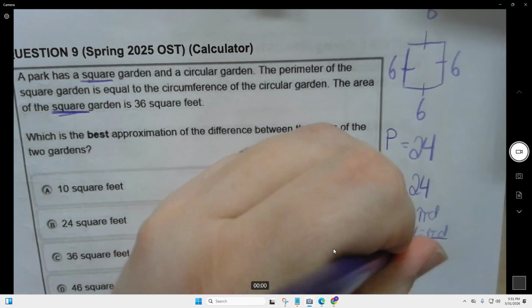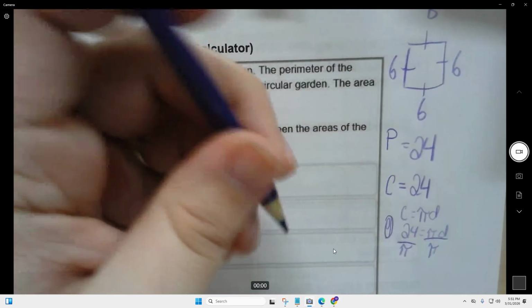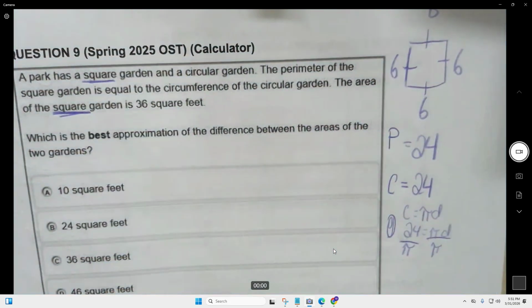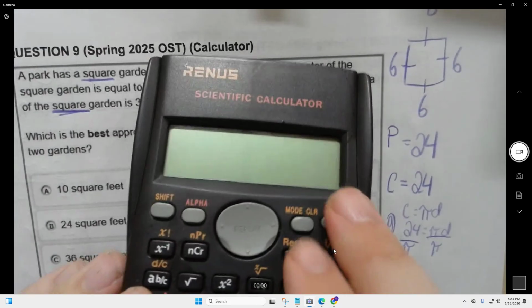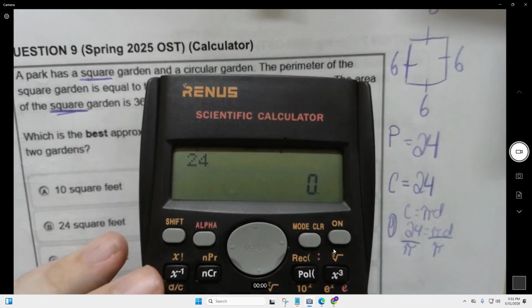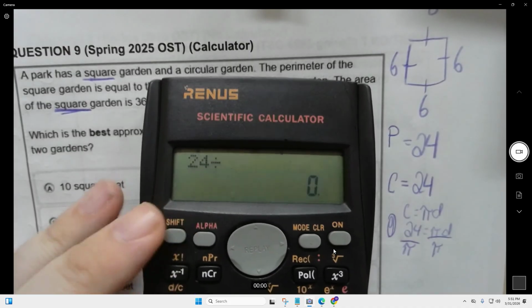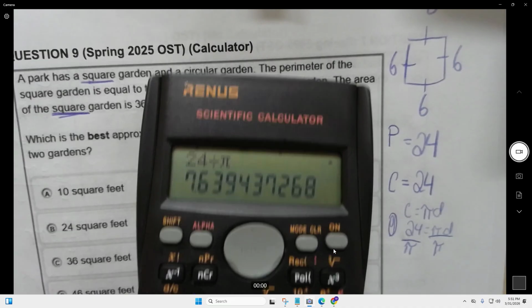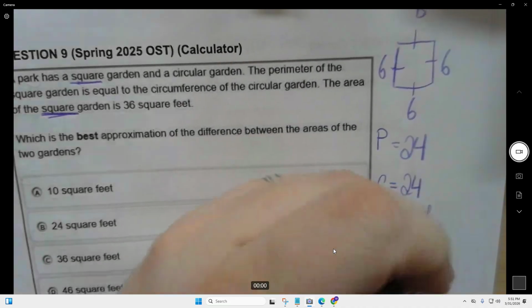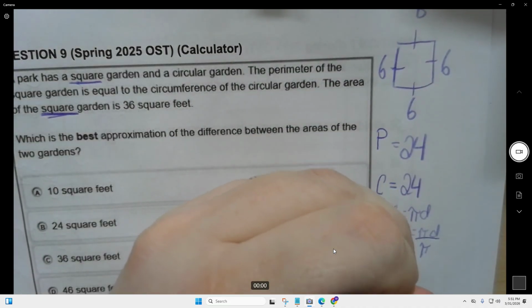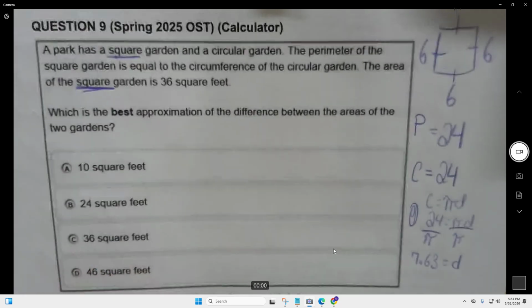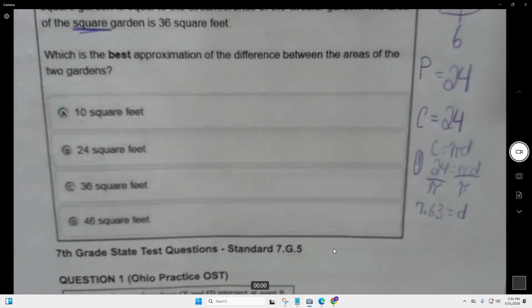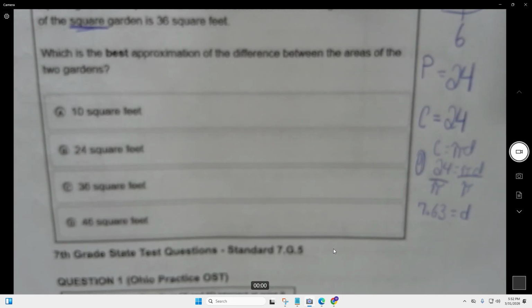Divide both sides by pi, as we've done in previous problems. 24 divided by pi is 7.63. So let's just say 7.63 equals the diameter. We now need to use that to find the area. So now we have to have that 7.63 divided by 2.